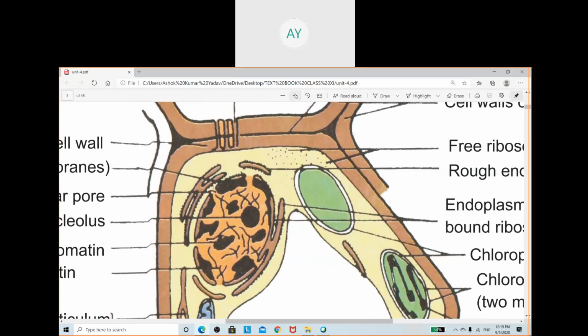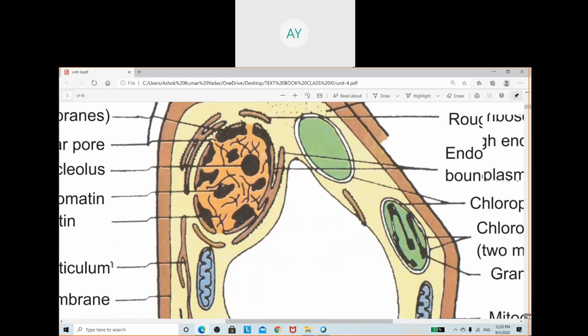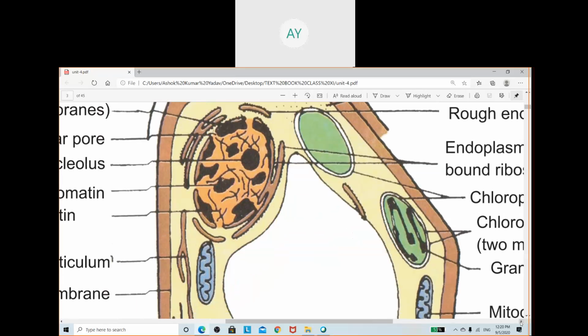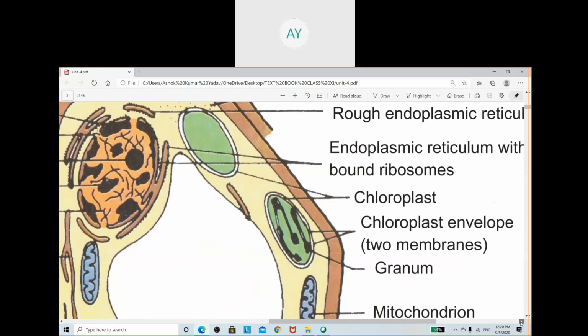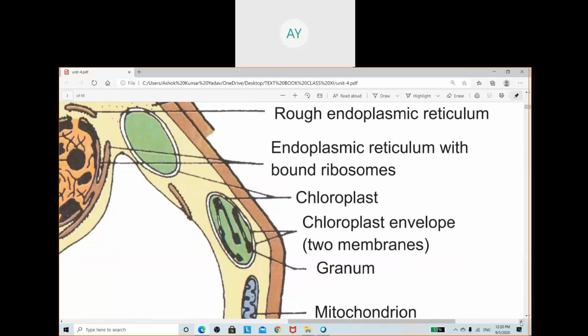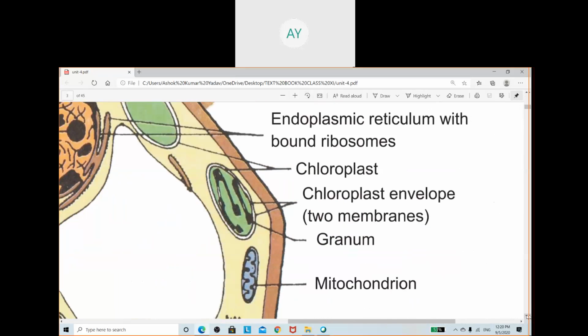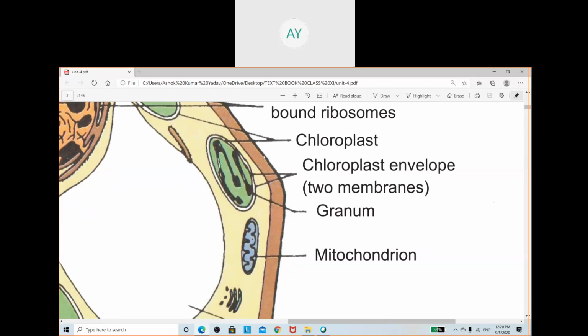If you minutely observe the diagram of the chloroplast, then you will be able to know what is meant by grana or granum. And just like mitochondria, the chloroplast is also a double-membranous structure. You see, the liquid inside the chloroplast is known as stroma.